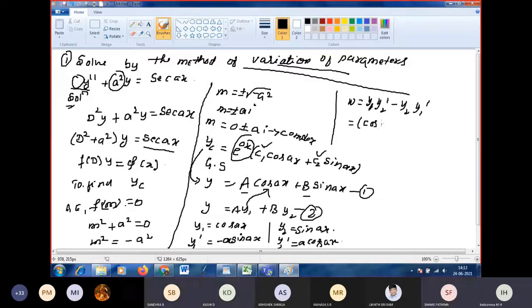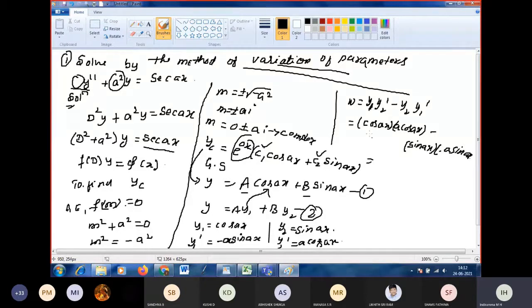Cos ax. What is y2 dash? a cos ax. Minus. What is y2? Sin ax. What is y1 dash? Minus a sin ax.